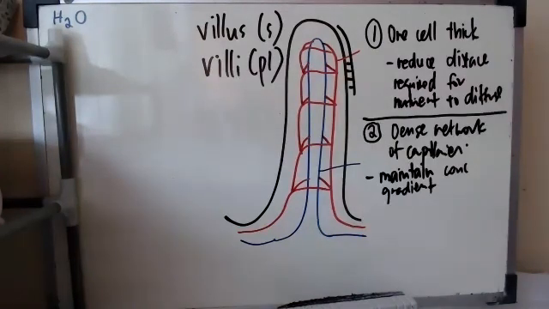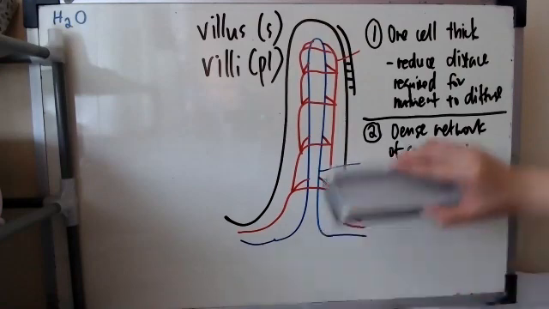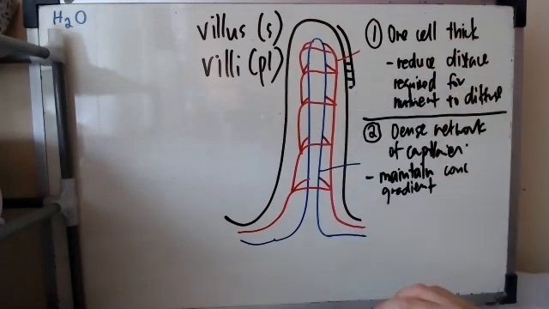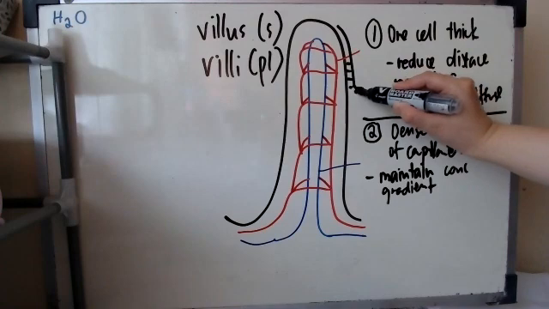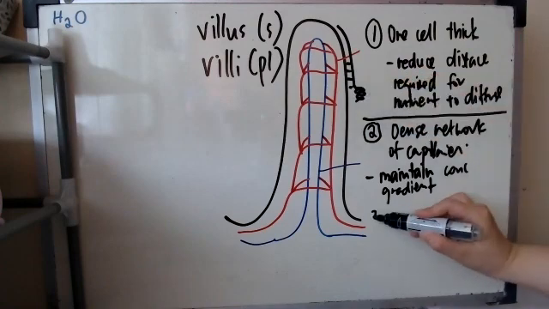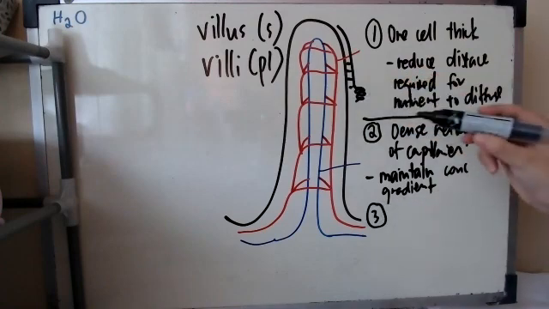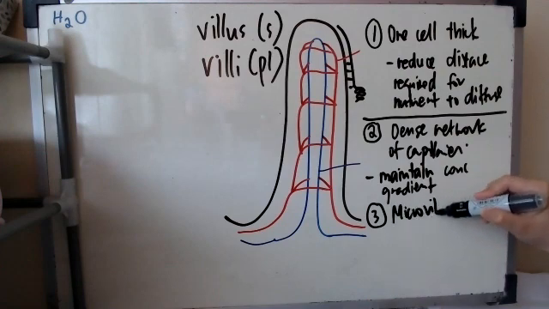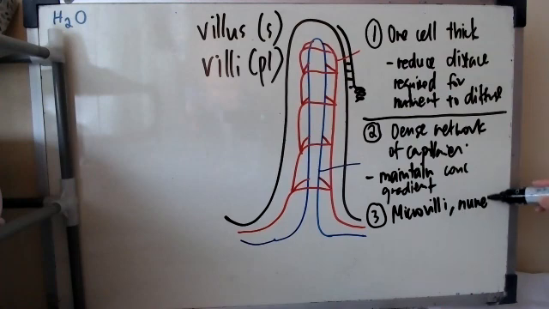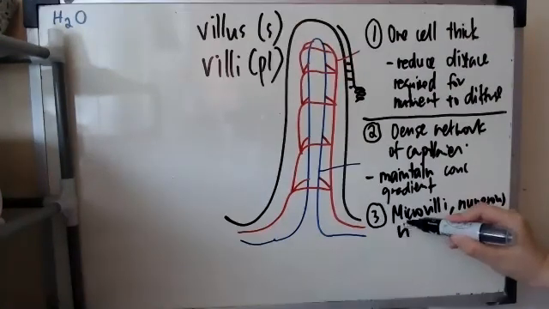Okay, and then remember here, the epithelial cells contain microvilli, and there are numerous villi as well.